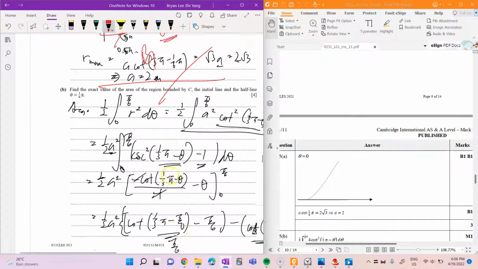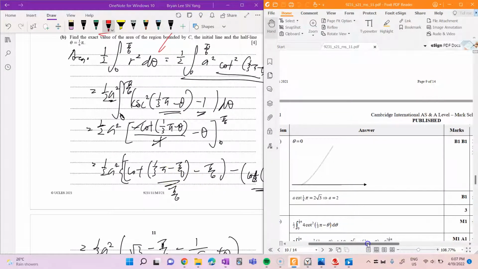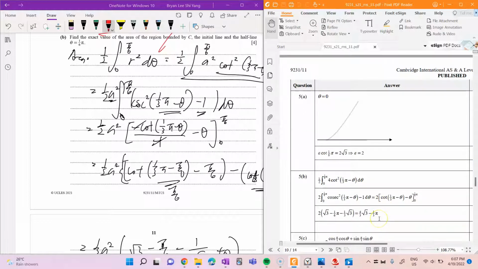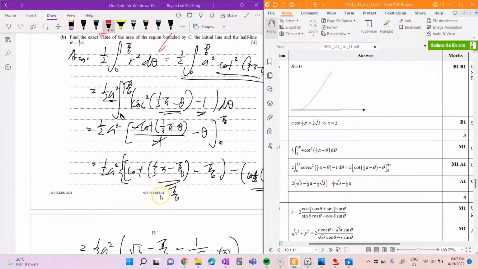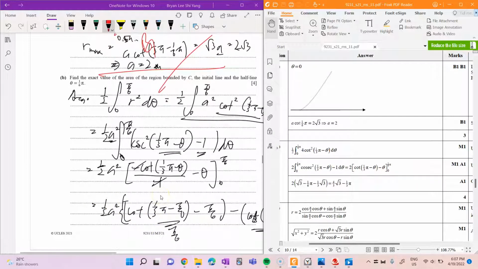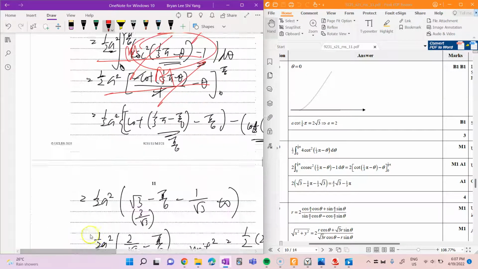Okay, now we move down. Half of, okay, this whole thing. Okay, this is one method mark over here, and this is one method mark over here because I see this, and then again an A mark, right?